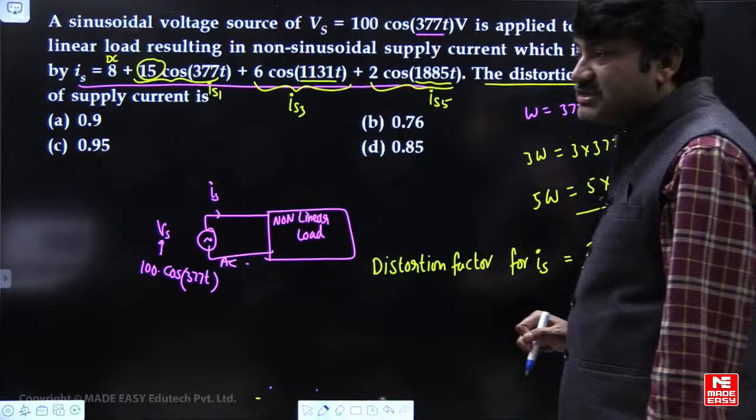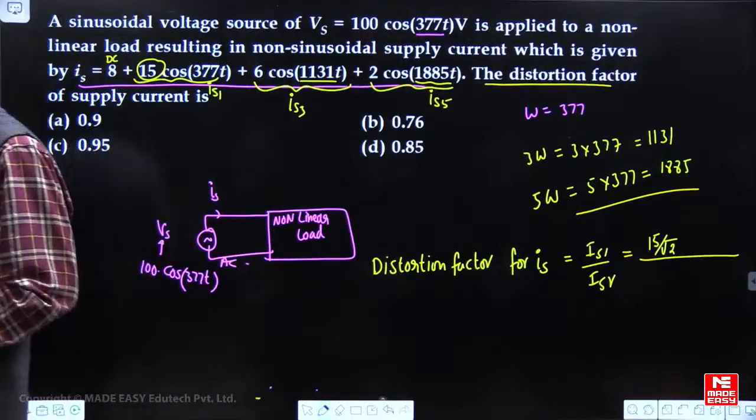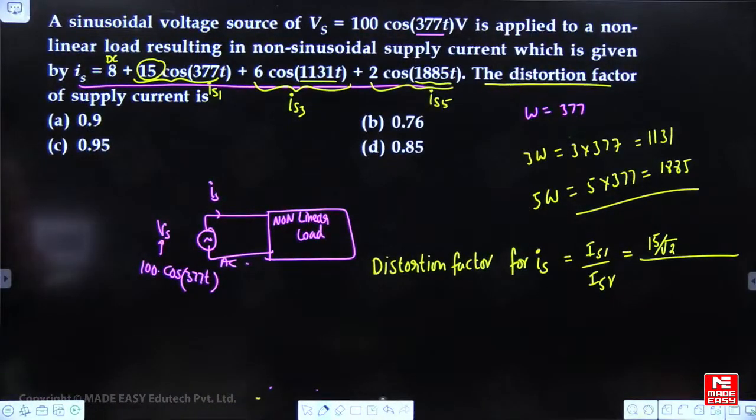What is supply RMS current? Dear students, how do you find supply RMS current? We are having harmonics at different frequencies, and I want to find out the RMS value due to all the components.